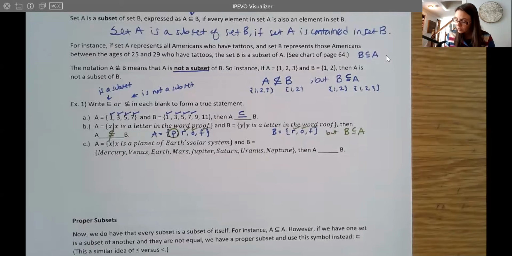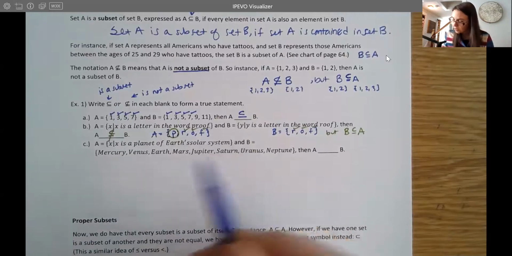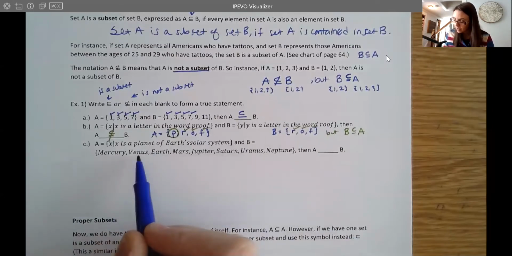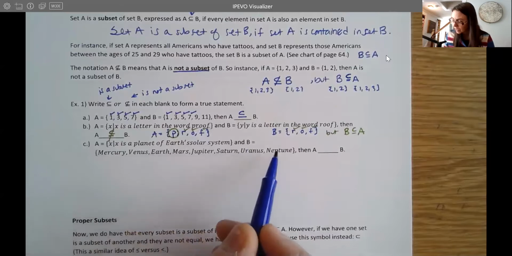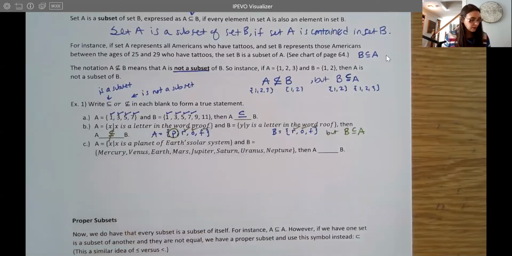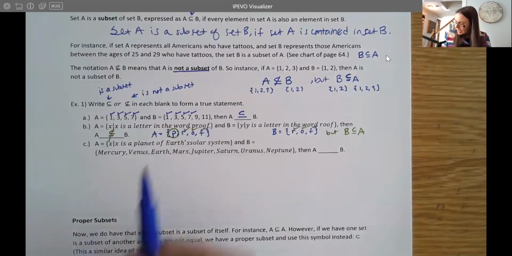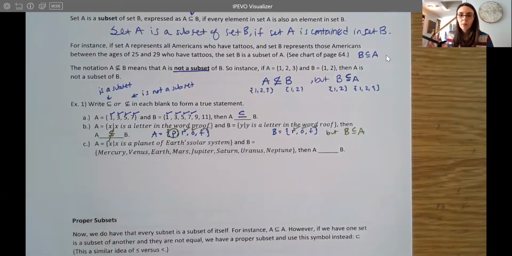All right, A is the set of X such that X is a planet of Earth's solar system, and B is the set Mercury, Venus, Earth, Mars, Jupiter, Saturn, Uranus, Neptune. So we're trying to figure out here, are these actually subsets of each other? Now, I know there's always been some debate about Pluto, but we're going to go with the idea that Pluto is not a planet.